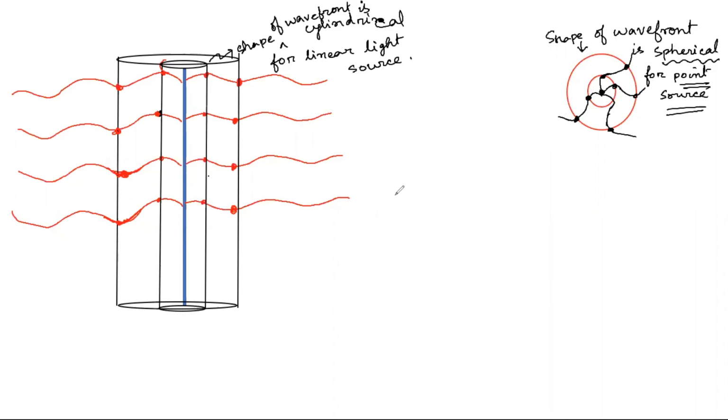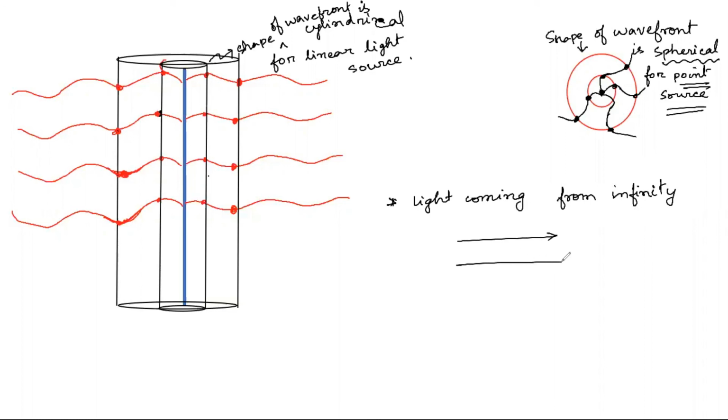Another point, our third point: let's say light is coming from a very far place, light coming from infinity. When light is coming from a very infinite place, those rays are parallel.